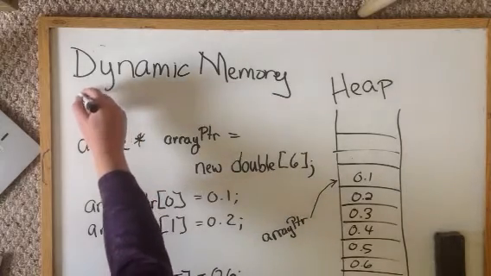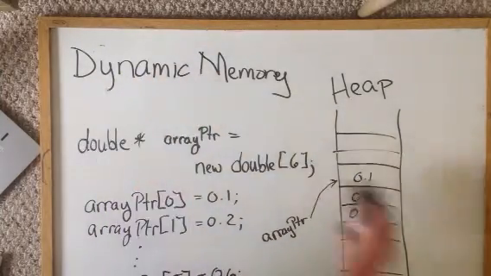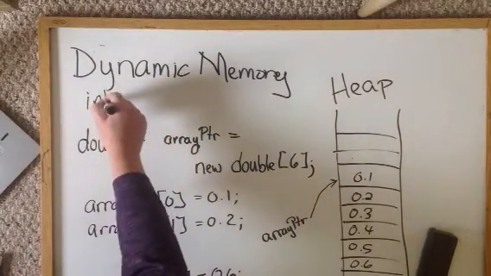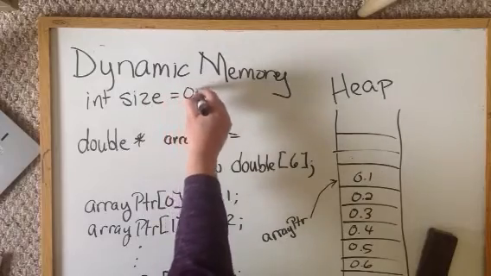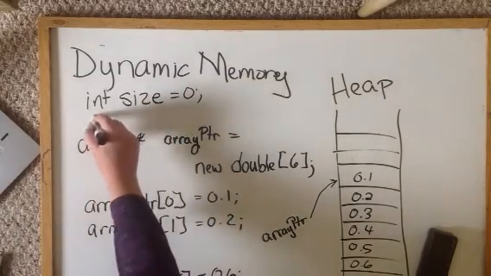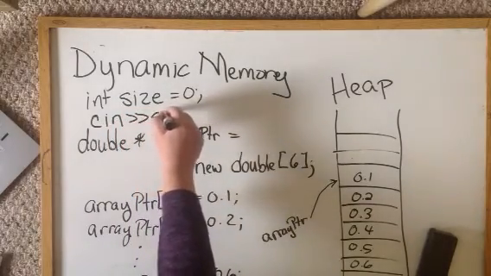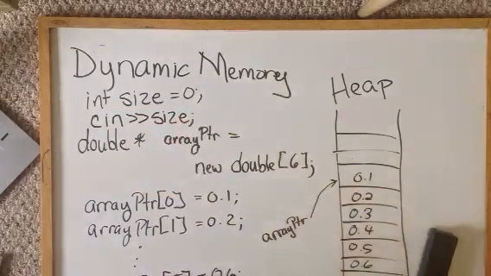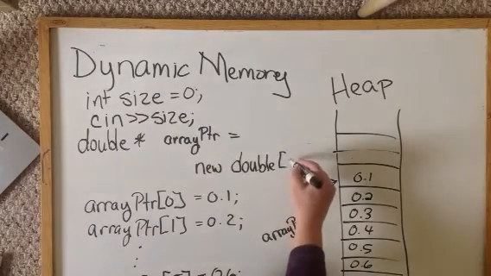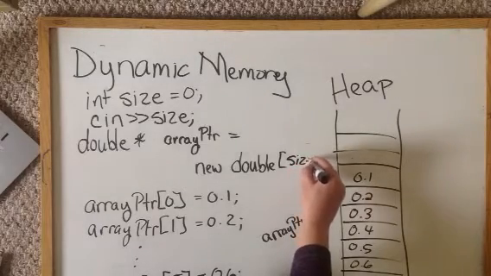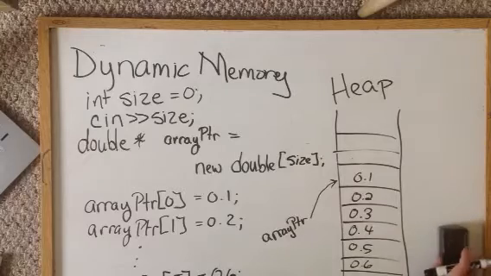So we could create an int and started out as 0, then we could read in a value as our size, and then we can allocate our array based on the size.